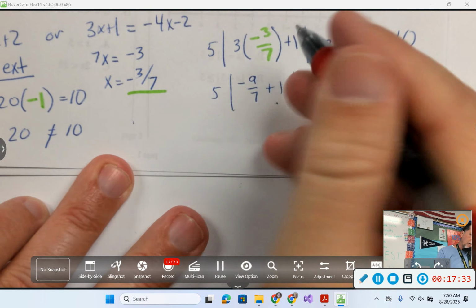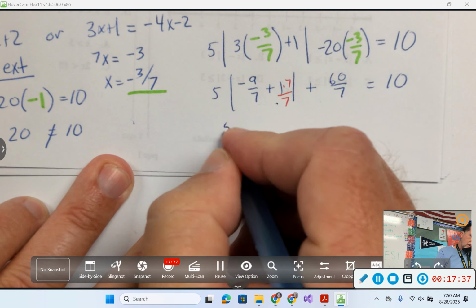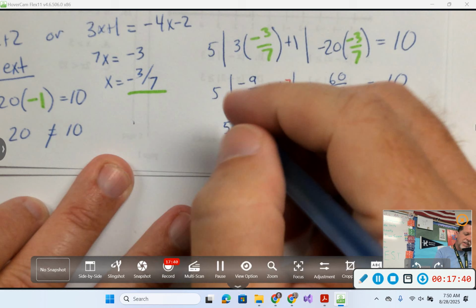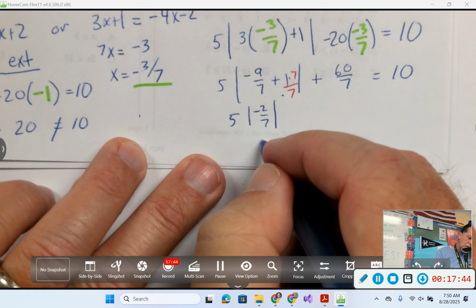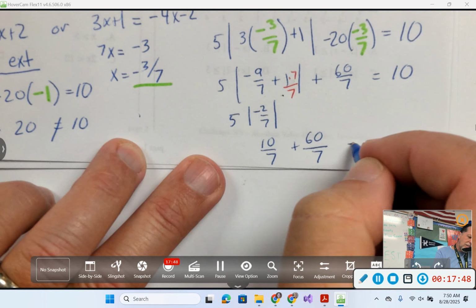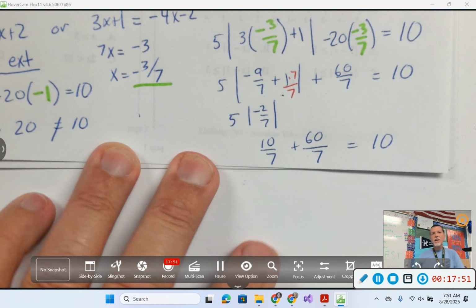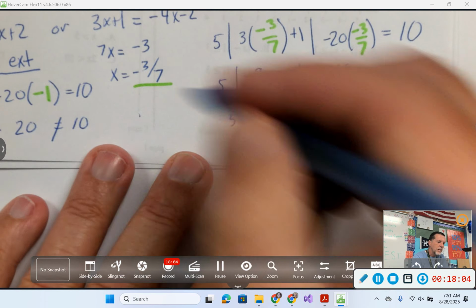Because 1 is the same thing as 7/7. And what's the absolute value of negative 2/7? Trying to skip some steps here. So that would be 10/7 plus 60/7. So it does. 70/7, which would be 10. So this one did work.